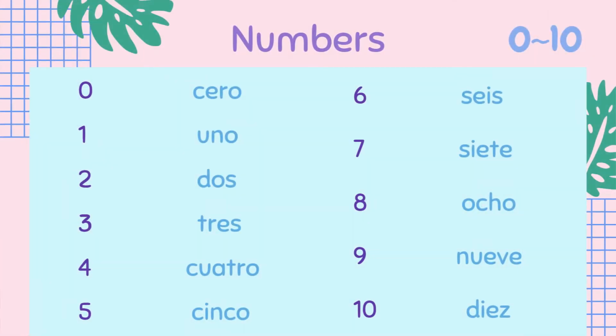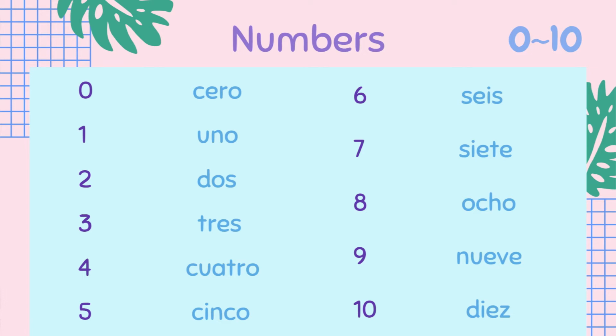We will learn how to count from 0 to 100 in Spanish. Let's start from 0 to 10 first. 0 is called cero in Spanish. Cero. And 1 is uno. Uno. Next, dos. Tres. Cuatro.